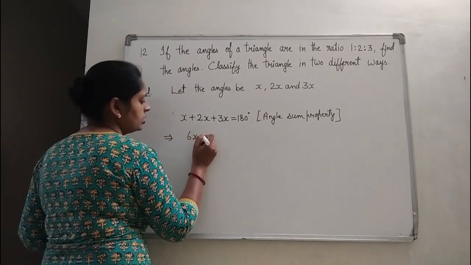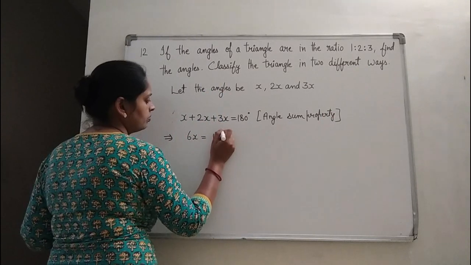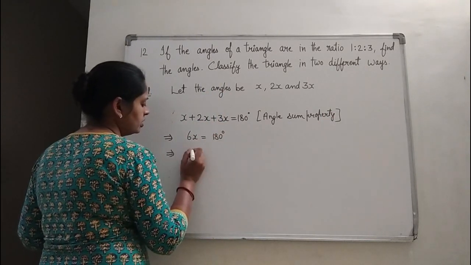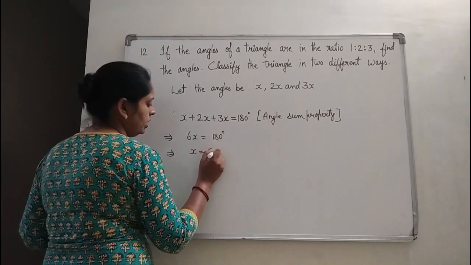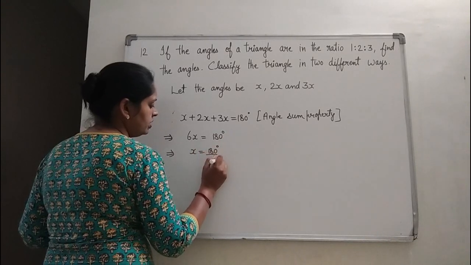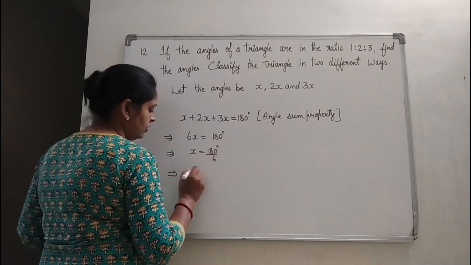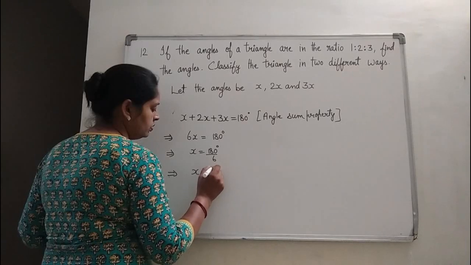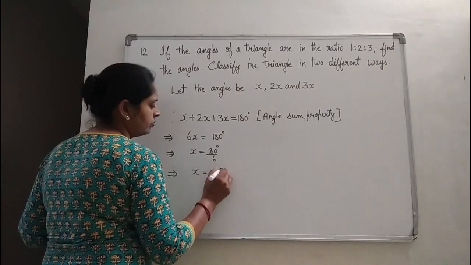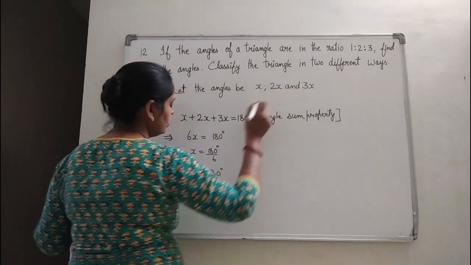So 6x is equal to 180 degree, which implies x is equal to 180 degree divided by 6. Hence we got the value of x as 30 degree. And these are the measurement of the angle.